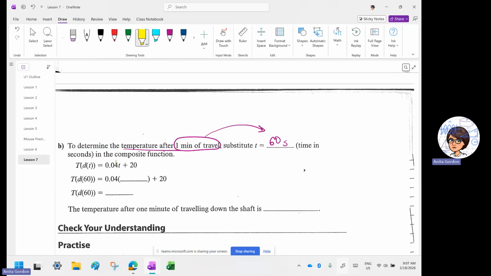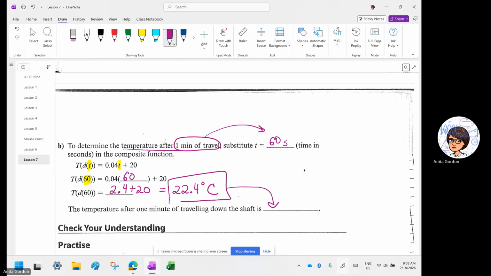So I go to my temperature equation, I substitute 60, and now I got to grab a calculator. Oh, I could probably do this in my head, but let's not and say we did. 0.04 times 60 is 2.4 plus 20, which is going to be 22.4, and this is degrees Celsius. That is my final answer.